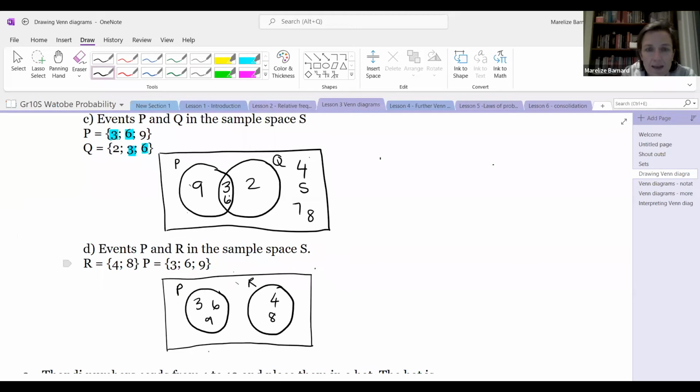And we've got 5, 7, and 9. No, 9's already in P. 2, we need 2. There we go. And Shiraz says they are mutually exclusive. Yeah, they are, because they don't overlap. They've got nothing in common.